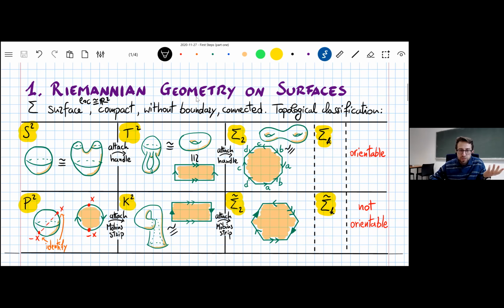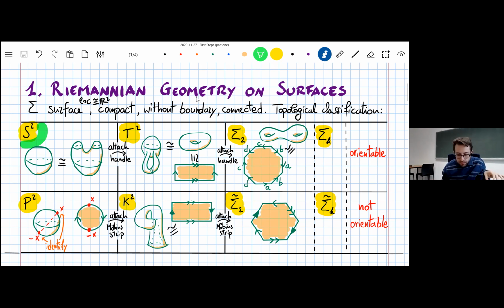We have the most simple one, the sphere here on the left, and then by attaching cylinders, or also called handles, we can construct more and more complicated surfaces. And here I also stress that a surface can be, in our mind, realized in very different ways, both as an embedded surface in R3 or also using some kind of quotient construction, maybe you know already from topology.